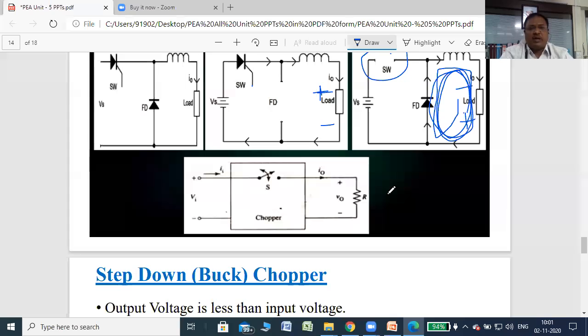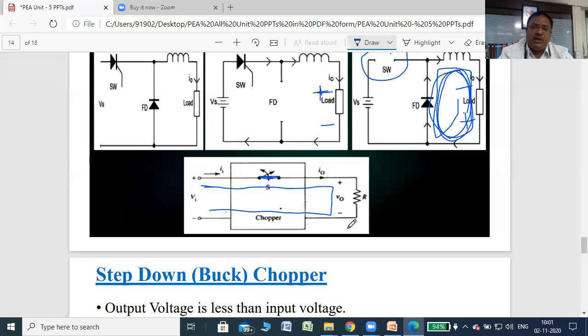So this is a generalized block diagram shown here in the last figure. Vs, that is the DC voltage, and the switch itself is called a chopper. If the switch is closed, then current flows through the load. If the switch is open, then no current flows through the switch, right? If the switch is closed, current flows through this switch to the load and back to the DC source, right?